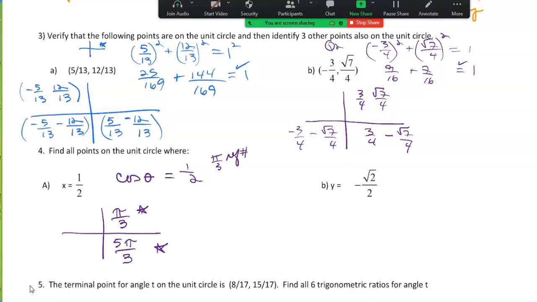And then my other answer is 5 pi over 3. Okay, the next one, they are really saying to you the sine of the angle is negative √2/2. So get your quadrant. Where is sine negative? Sine is negative here and here. And I'm basing this on all students take calculus because sine is positive in the first and second quadrant.